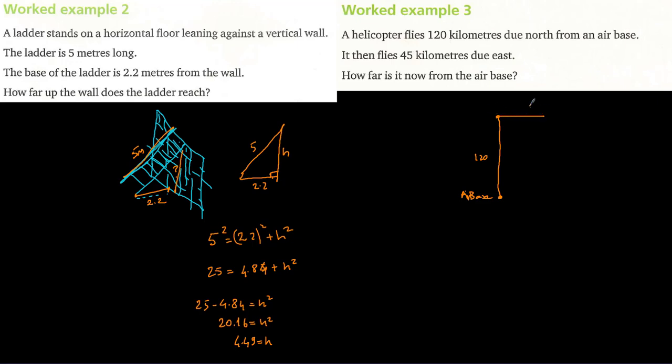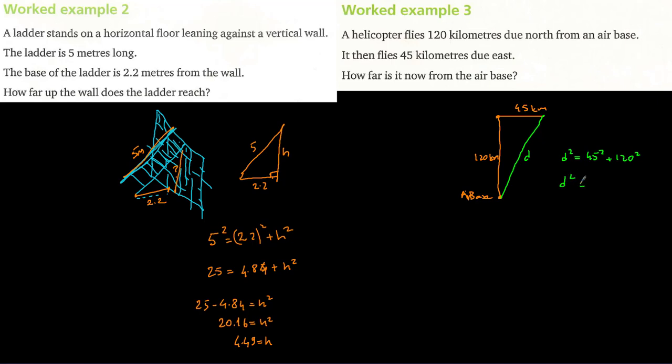Now from this point, how far is it from the air base? The distance d, d square is equal to 45 square plus 120 square.